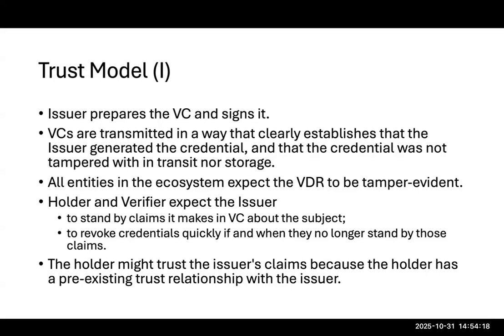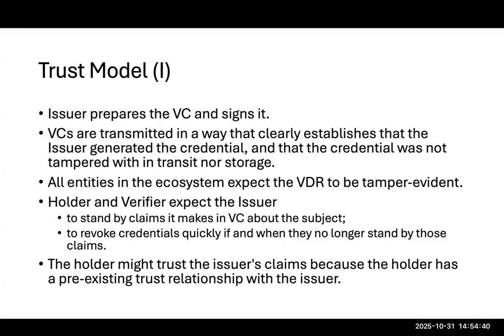So a holder trusts an issuer and trusts the verifiable credential that they receive, and of course verifies every single property of the verifiable credential, but this is the trust model behind the framework.